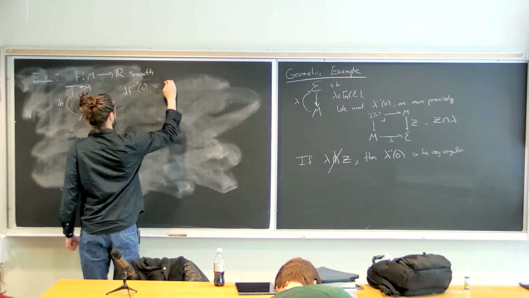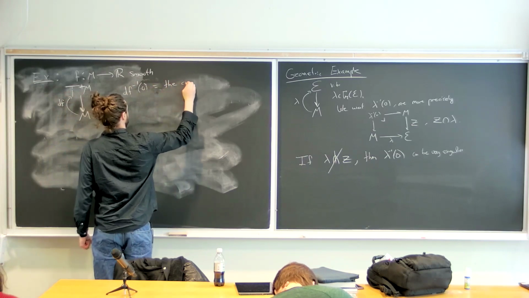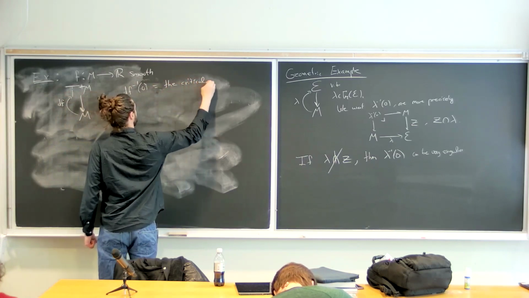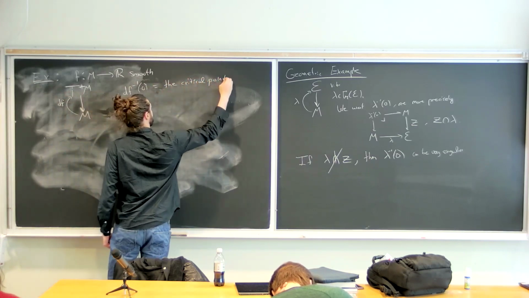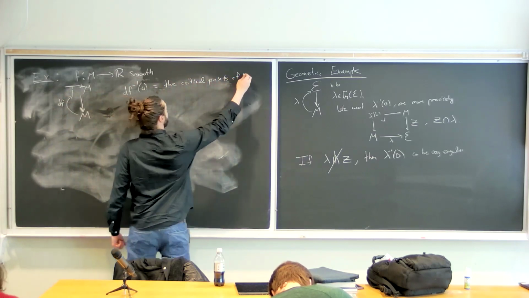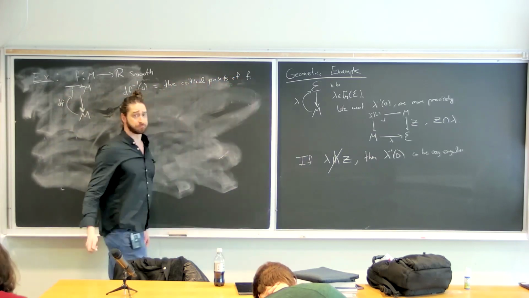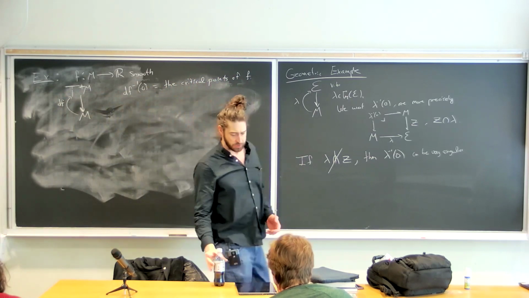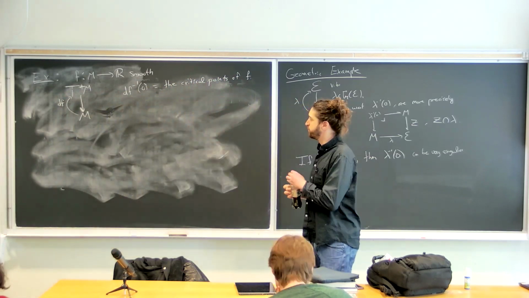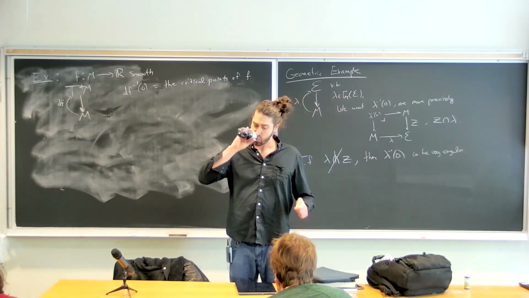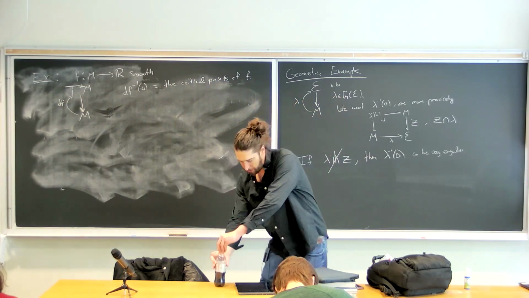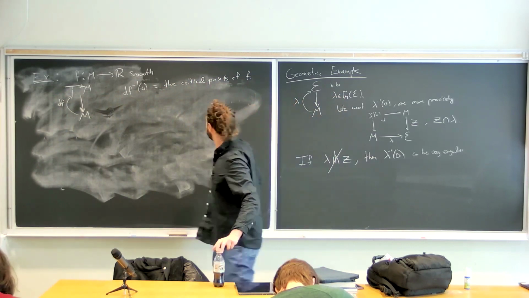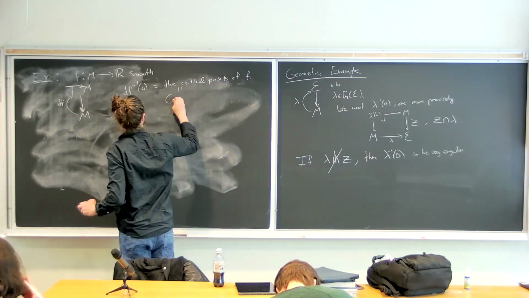This is the critical points of f. Those are the points where the derivative vanishes. This is called, say, crit f.